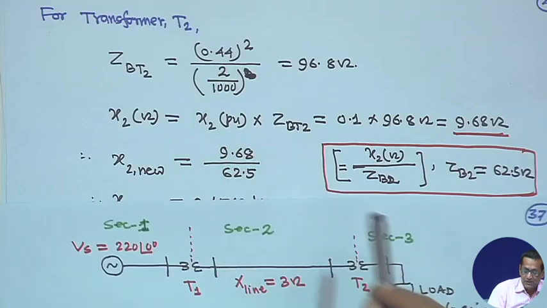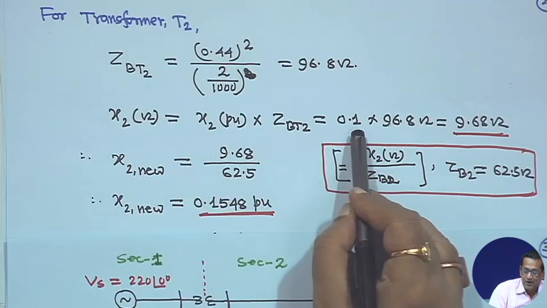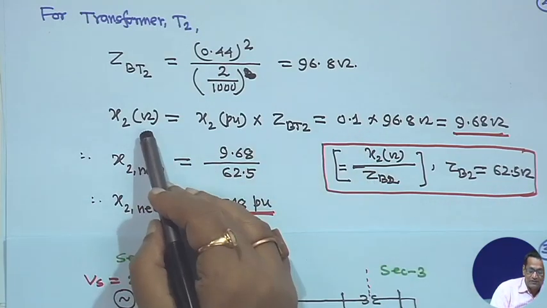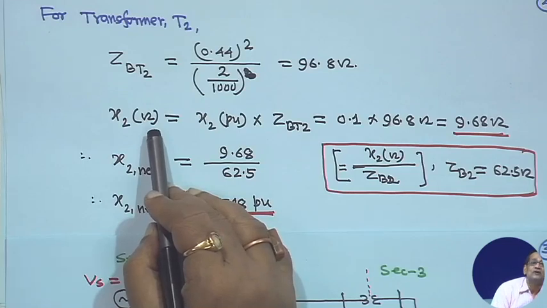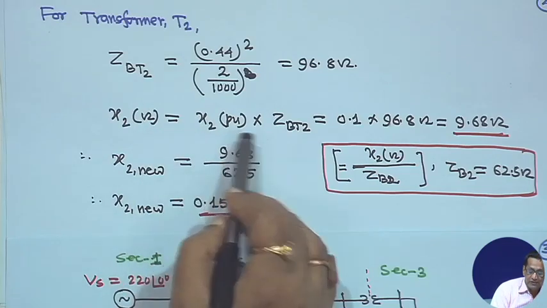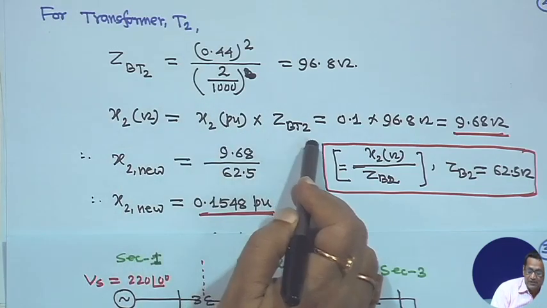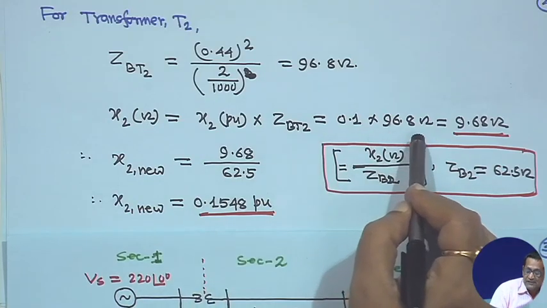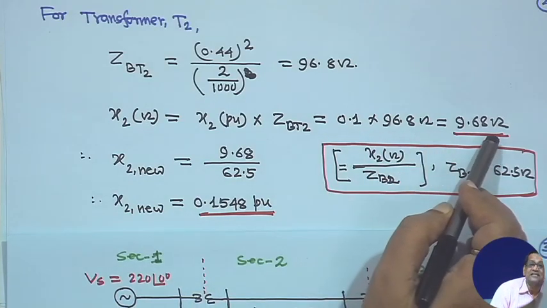Now, transformer 2's reactance is given as 0.1 per unit. Now, find out its ohmic value. So, x2 ohm is equal to x2 per unit into ZB, that is 0.1 into 96.8, which is 9.68 ohm.